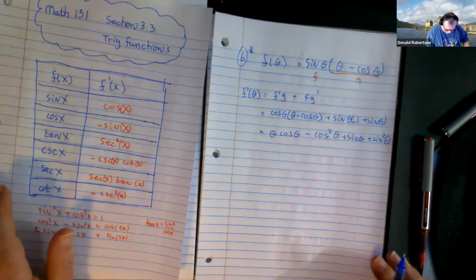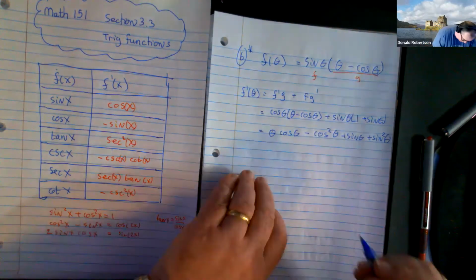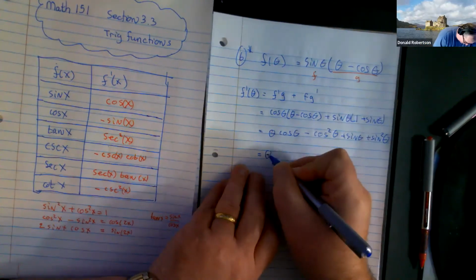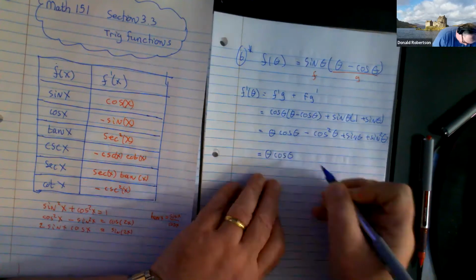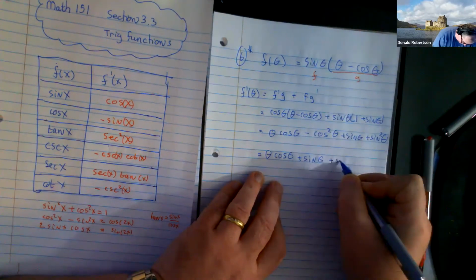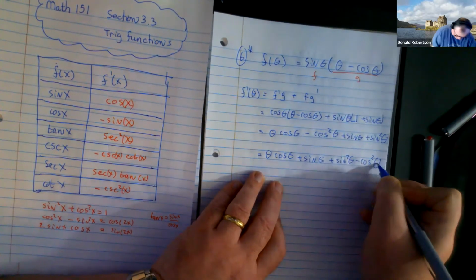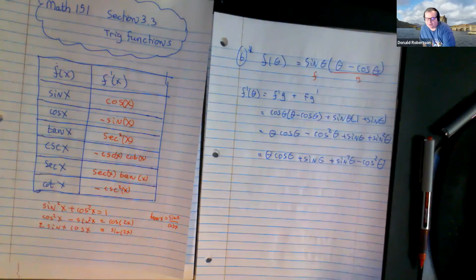Are we good with this one? Now, I'm going to try and trick you. And the fact that I'm telling you I'm going to try and trick you should help you not be tricked. Can you simplify that expression?